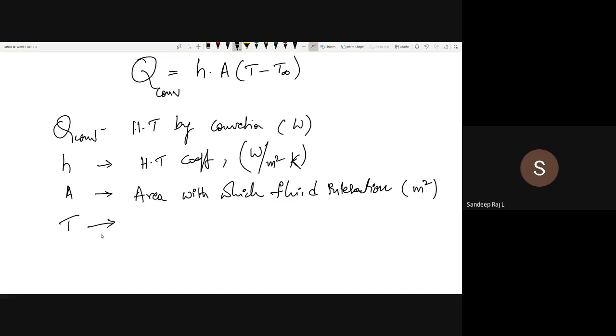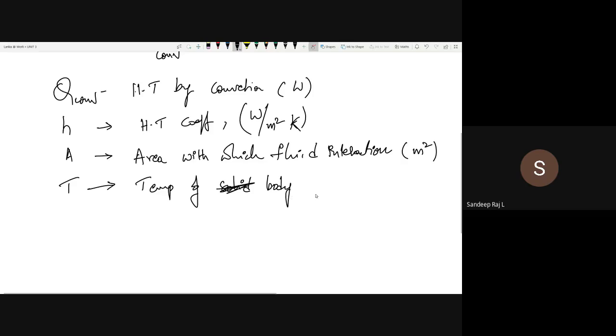And what is the temperature T? Temperature of a solid body. So you can say temperature of the body in simple sense. It is measured in Kelvin or degree centigrade. Both you can use. And T infinity, what is it?